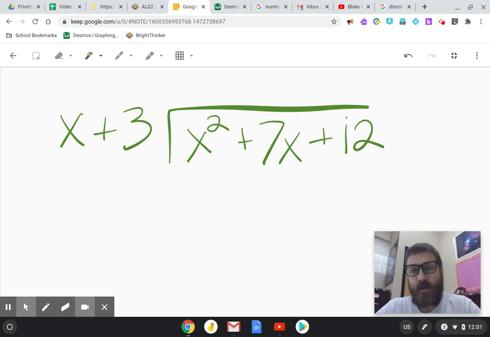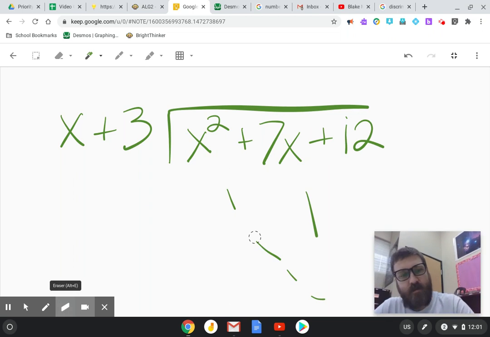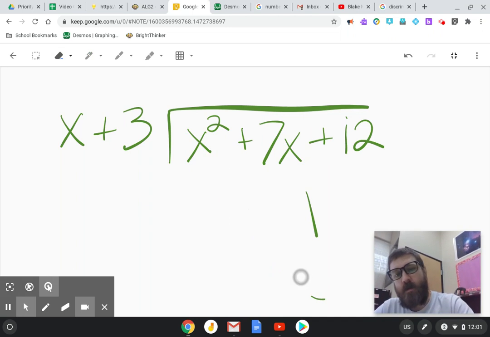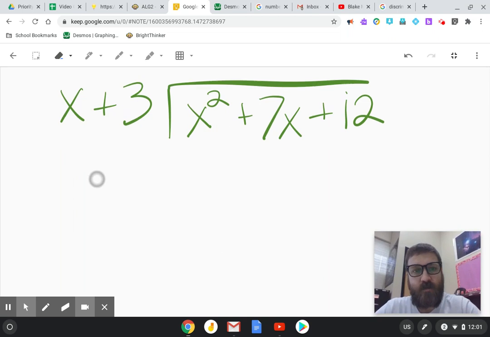So obviously we talked about how long division works, and you do this whole thing, you just subtract, multiply, do the whole thing. So instead of doing that method, I'm going to show you how we can use synthetic division. Synthetic division is written a completely different way. So I'm going to rewrite this expression using synthetic division.